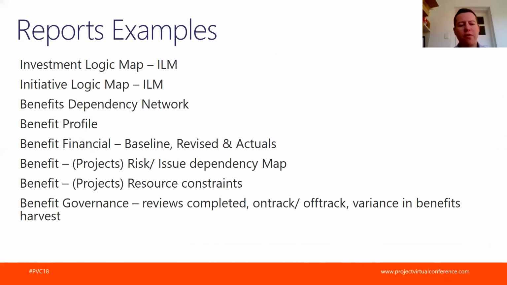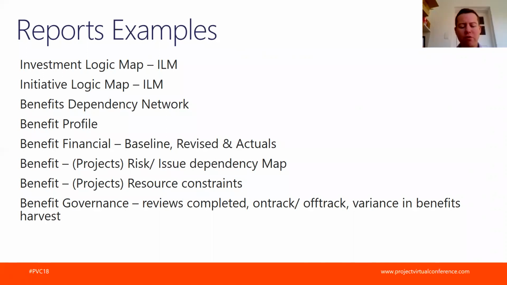I will not show you all of that today, but benefits management reports include the investment logic map, initiative logic map, benefits dependency network, which is something I will show you, benefits profile, and benefits financial, where you have a whole map of the financials of the benefits. There is also a risk and issue map with the dependencies.